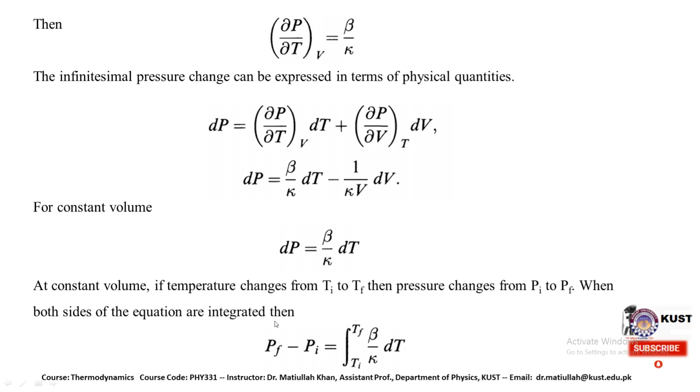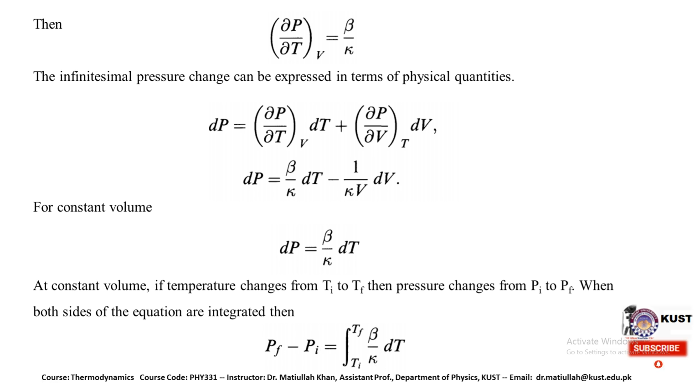The left side will become PF minus PI, equal to beta divided by kappa into dT.